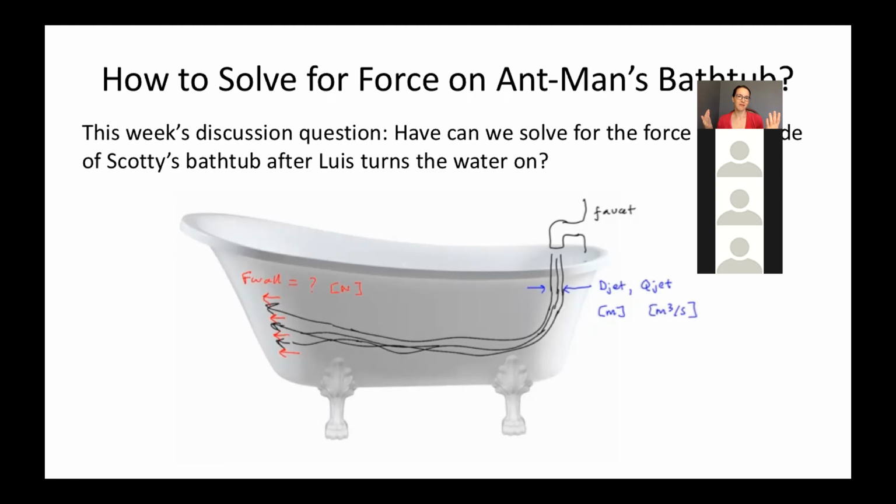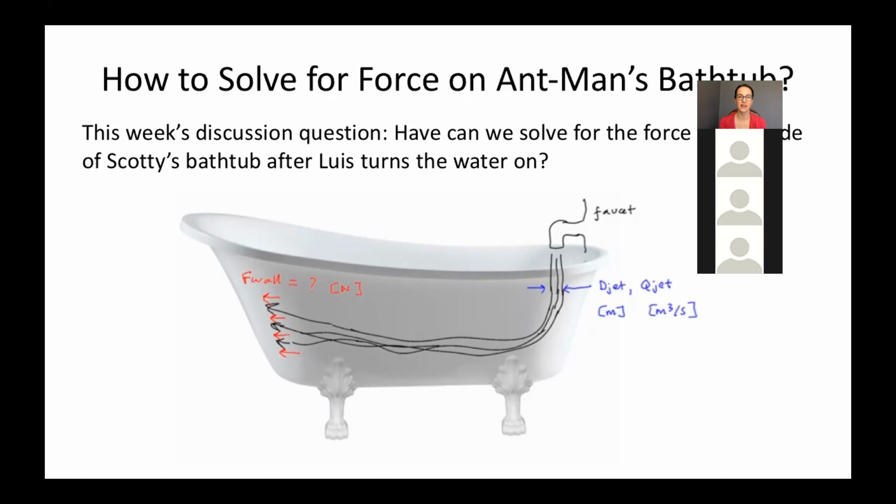Normally we draw a free body diagram and we sum the forces in the different orthogonal directions, so the forces in the horizontal direction, the forces in the vertical direction. What I want to ask you to think about is, can you do that here? Can you just sum the forces in the different directions?